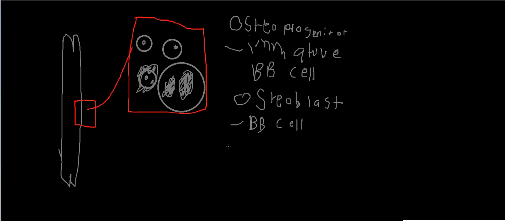And there are immature osteocytes. What an osteocyte does is it regulates bone matrix. I'm going to write BM for bone matrix.